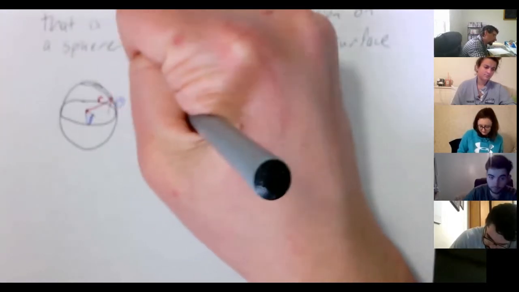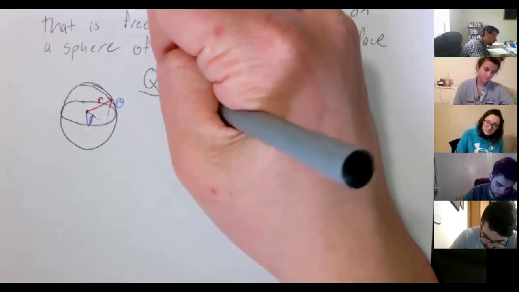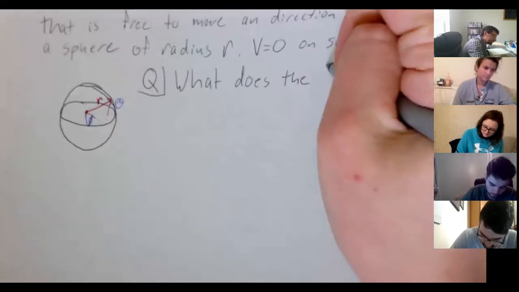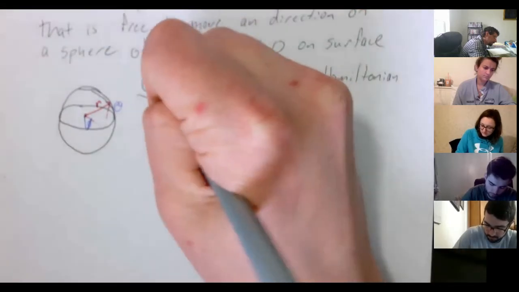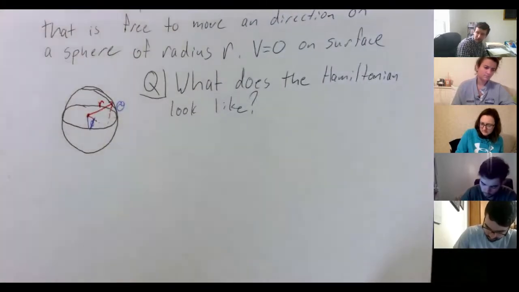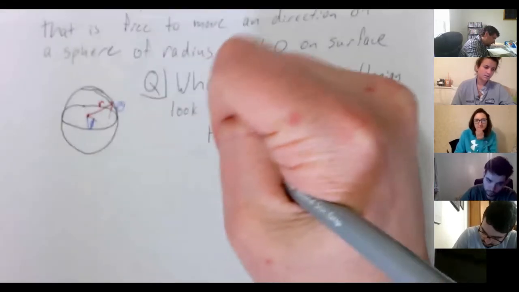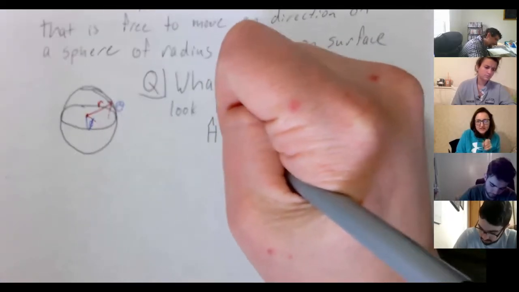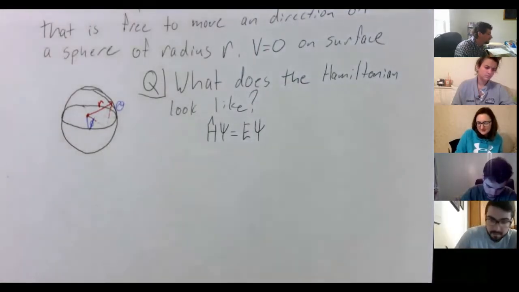So the first thing we have to do is get that Schrodinger equation, so we have to know what the Hamiltonian looks like. Someone spout off the Schrodinger equation for me. H hat times the wave function equals E times the wave function. Yep, there you go.